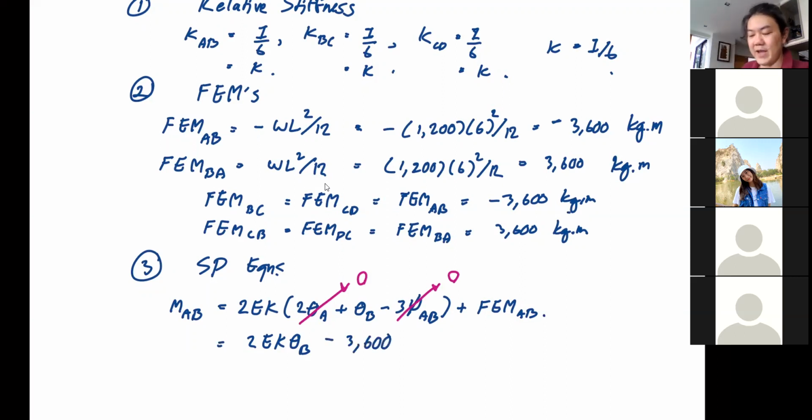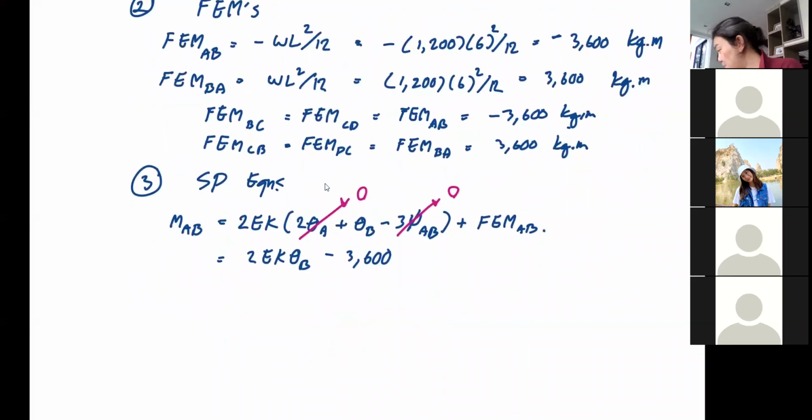So that is my MAB. If you know what zeta B is, you can easily obtain MAB, right? And we can proceed to MBA now.